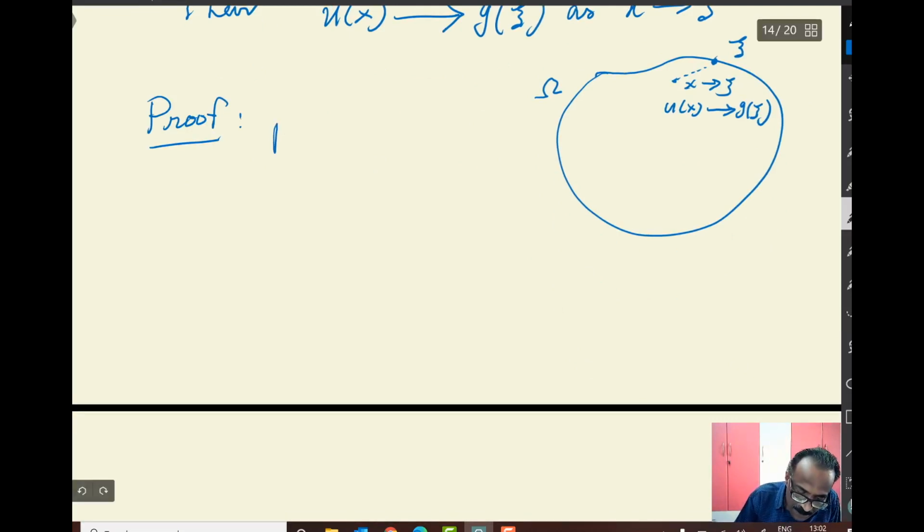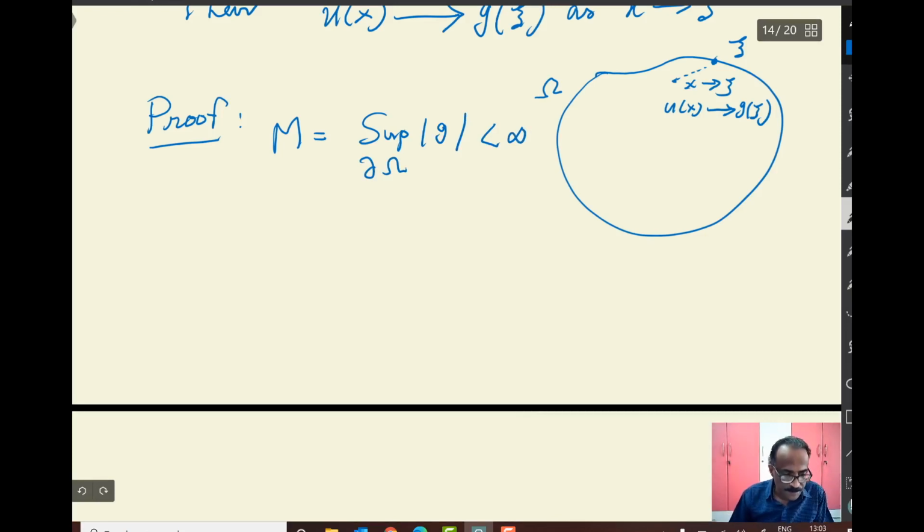So let me call this, the boundary of omega is a compact set. You have your M equal to the supremum of mod g on the boundary, which is a finite quantity, so that is not a problem. And W is a barrier at psi, because you are given psi to be a regular point. There may be many barriers, that's not a problem.